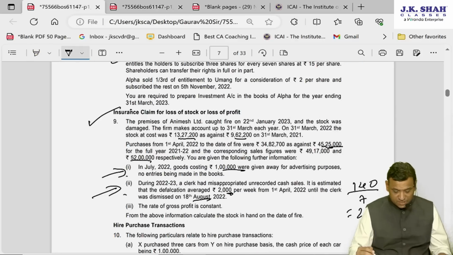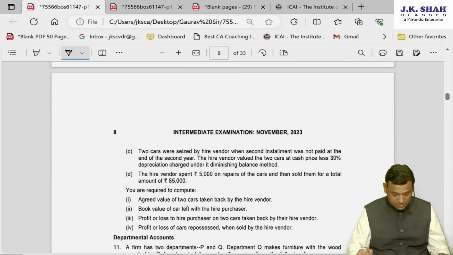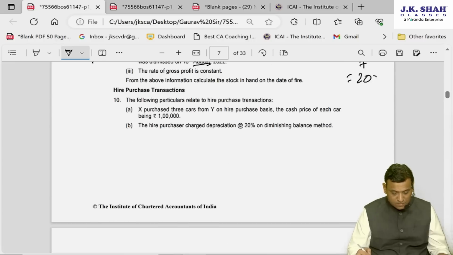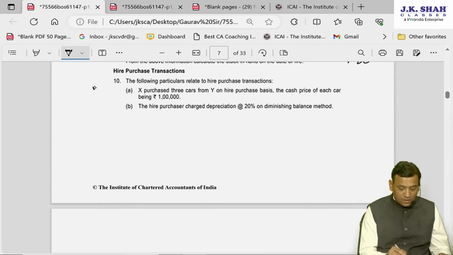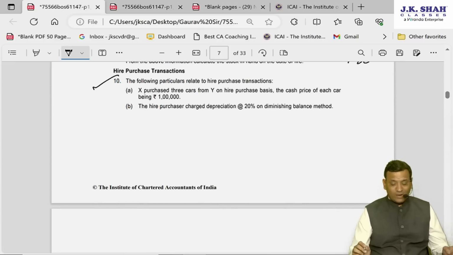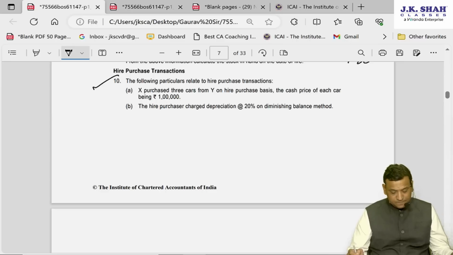Now comes hire purchase. The following particulars relate to hire purchase transactions. X purchased 3 cars on hire purchase basis. The cash price of each car is 1 lakh.